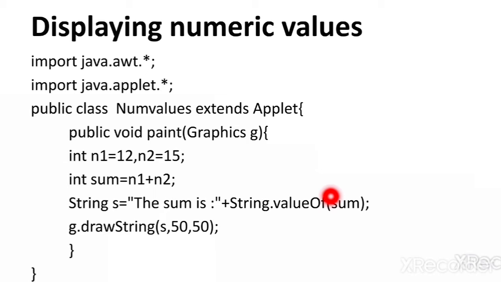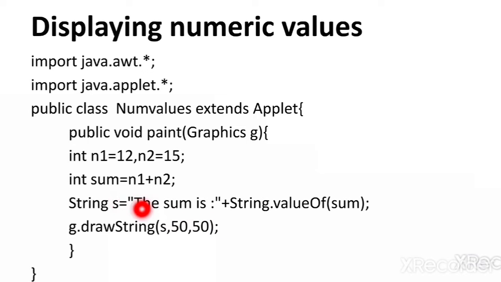The sum of 12 and 15 is 27. So that 27 is converted into "27", which is text. And then it is concatenated with the previous string. "The sum is: 27" is now stored in this string variable s. And now you can call the drawString method of the Graphics class to display the string at the coordinate point specified.